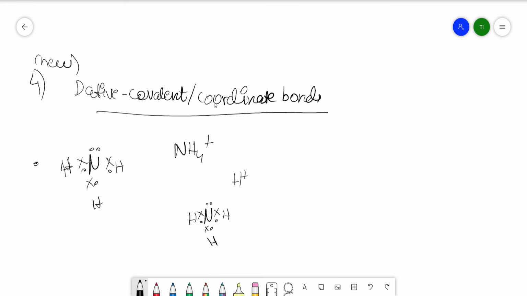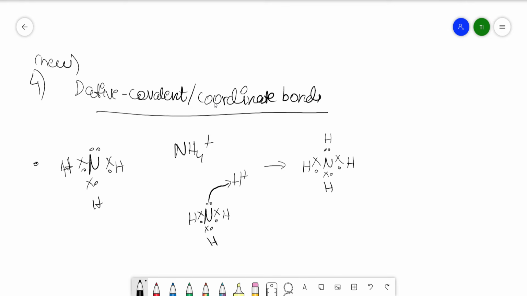A dative covalent bond is formed when this lone pair of electrons is donated to the hydrogen ion, the H+, which forms an NH4+.